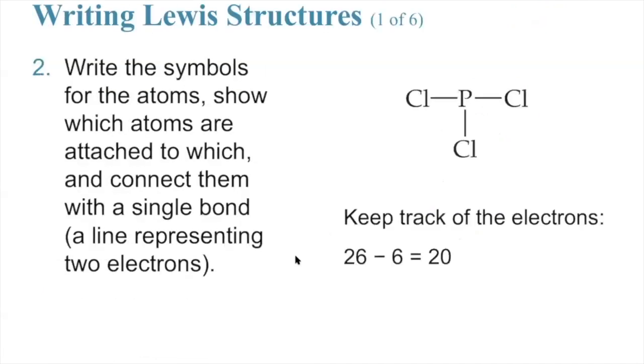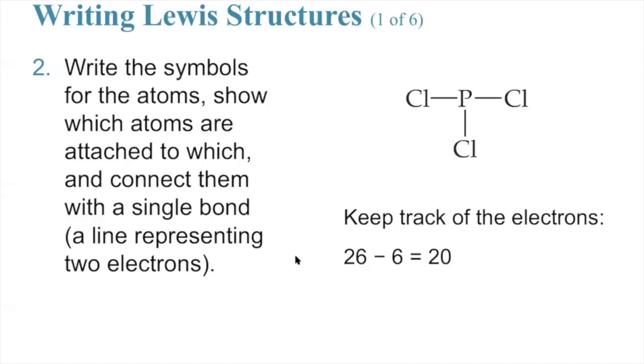Next, how do you know that phosphorus goes in the center? All molecules like to be symmetrical, so you want to put phosphorus in the center to make it look symmetrical. In addition, that's not the only reason.